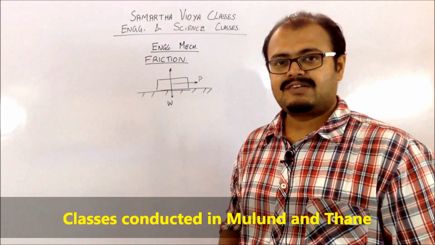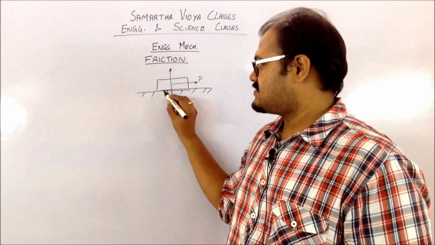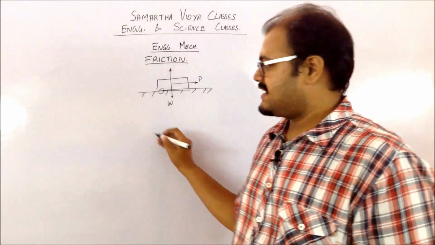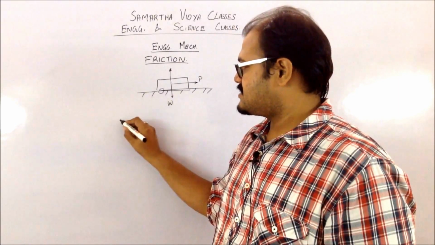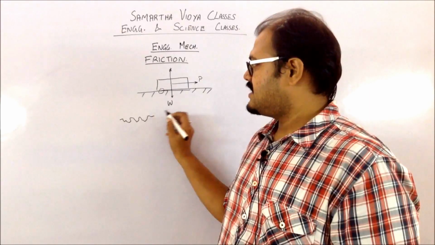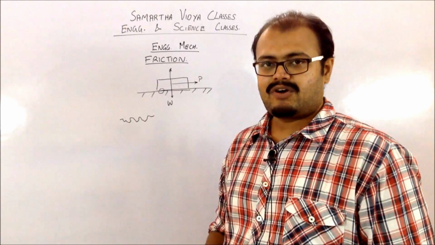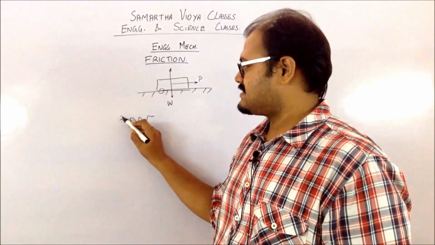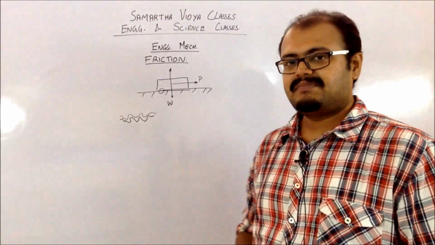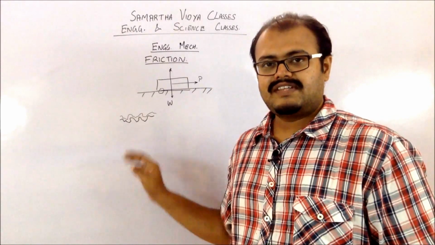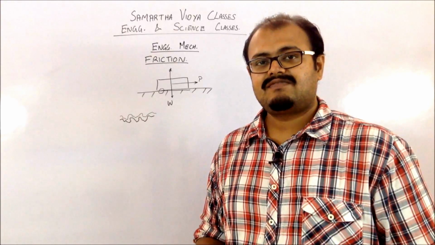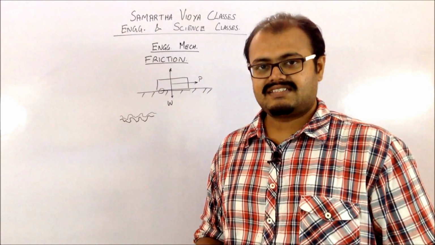If you go for a microscopic analysis of the surface at the point of contact, you might observe something like this. The surface will actually look like this, and the block kept on that surface will have a structure like this. You can see that there is an interlink between them, and because of the interlink between the block and the surface, a force called friction is generated.